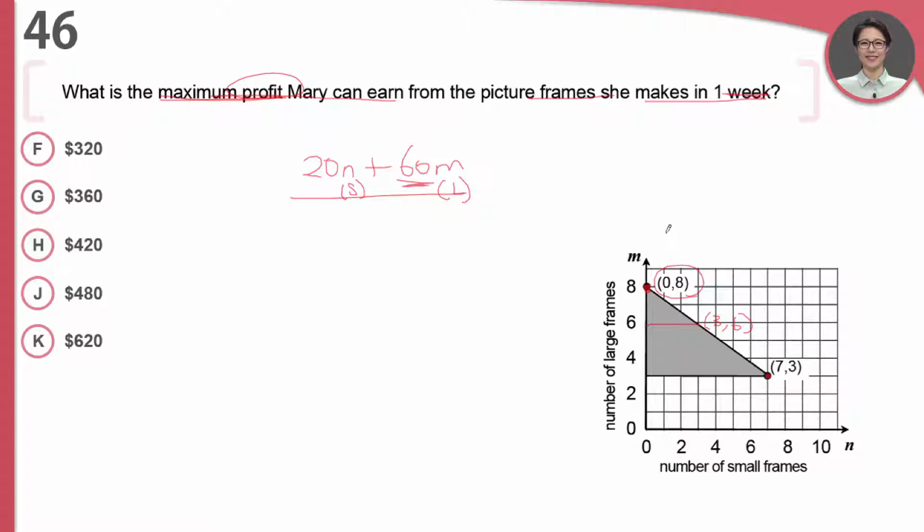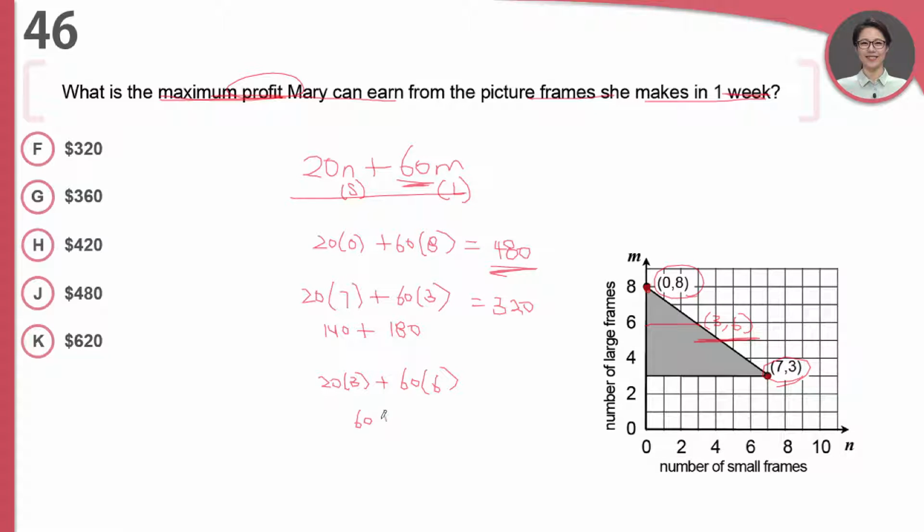Plug that in: 20 times 0 plus 60 times 8 is 0 plus 480, that's 480. Plug this in: 20 times 7 plus 60 times 3, that's 140 plus 180, that's 320, less than that. What about 3, 6? 20 times 3 plus 60 times 6, that's 60 plus 360, that's 420.